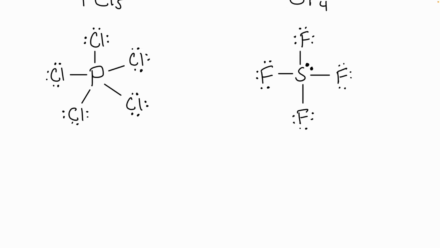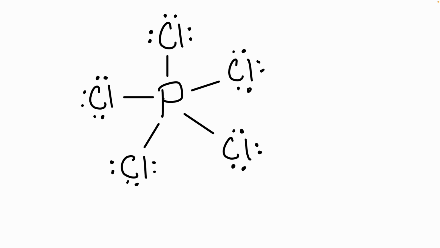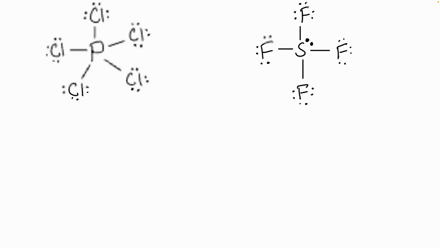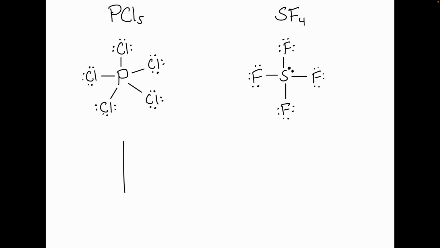All right, so PCl5 has how many electron regions? 5. So what was the electron geometry with 5 electron regions? We made a master cheat sheet. We should be able to look this up in our notes here. 5 electron regions is what electron geometry?